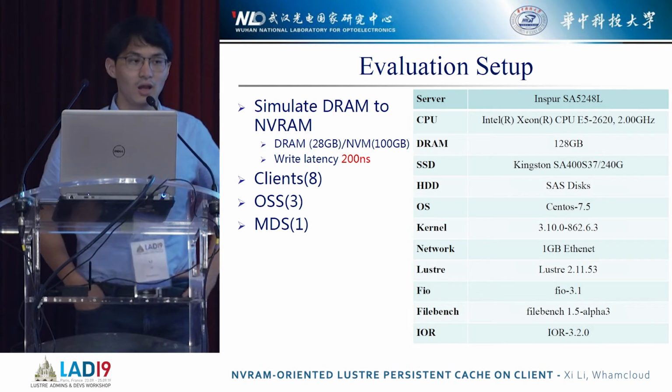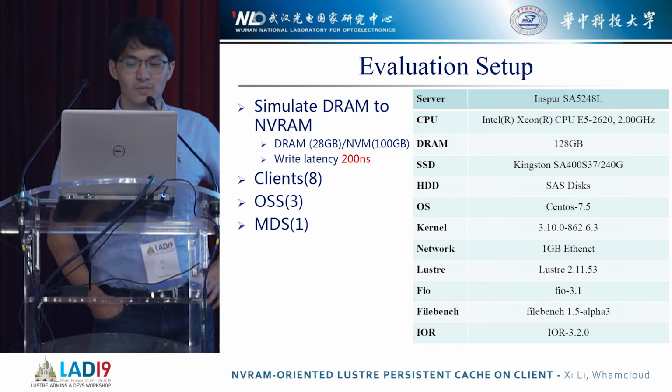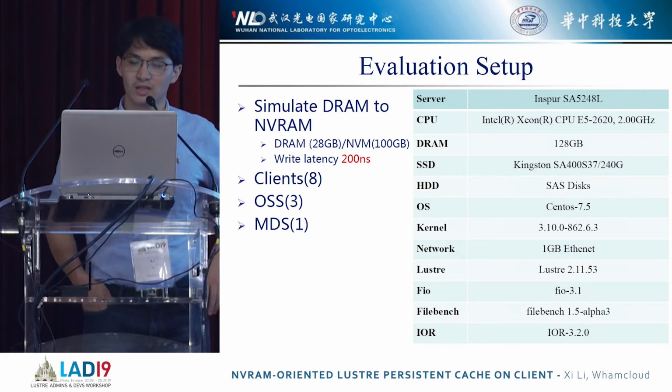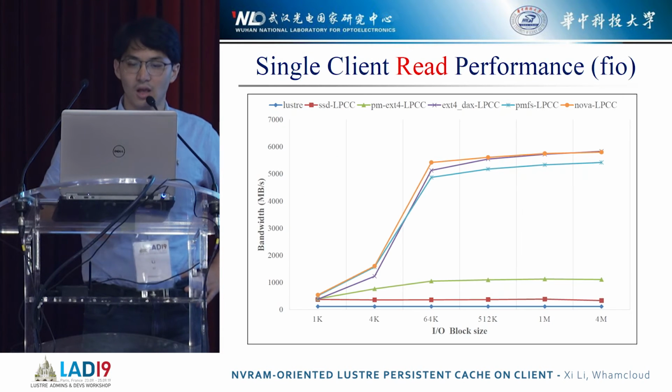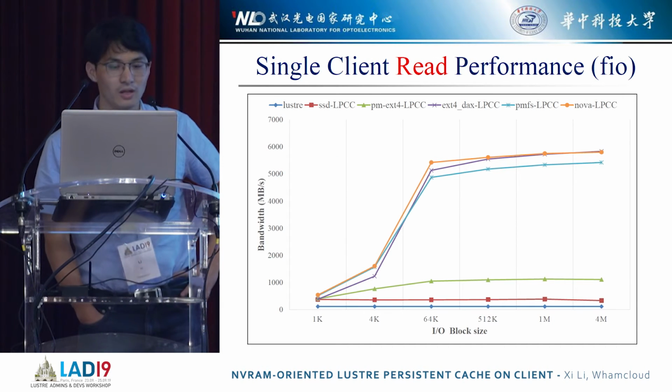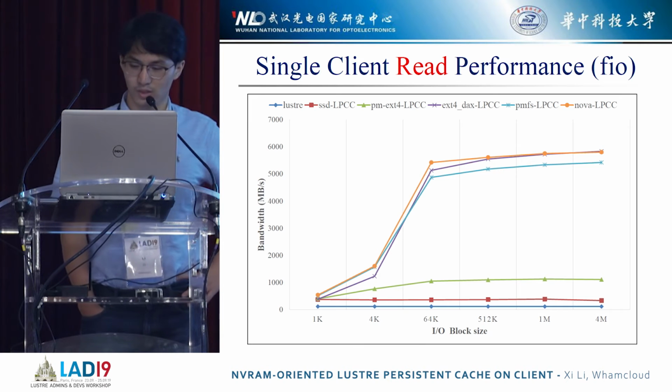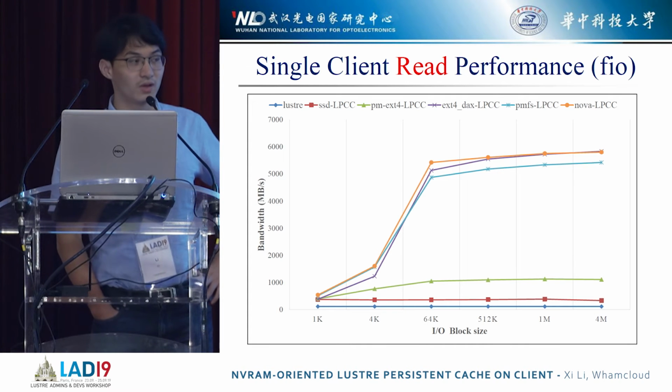So as we can see, what they do is use both SSD and NVRAM as PCC storage and compare whether there is any difference between these two kinds of storage types. I think I need to introduce a little bit what the meaning of each line here is.